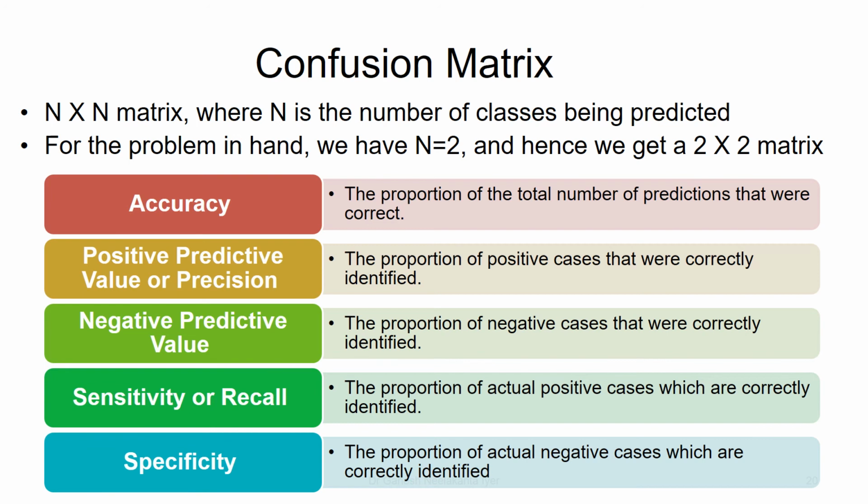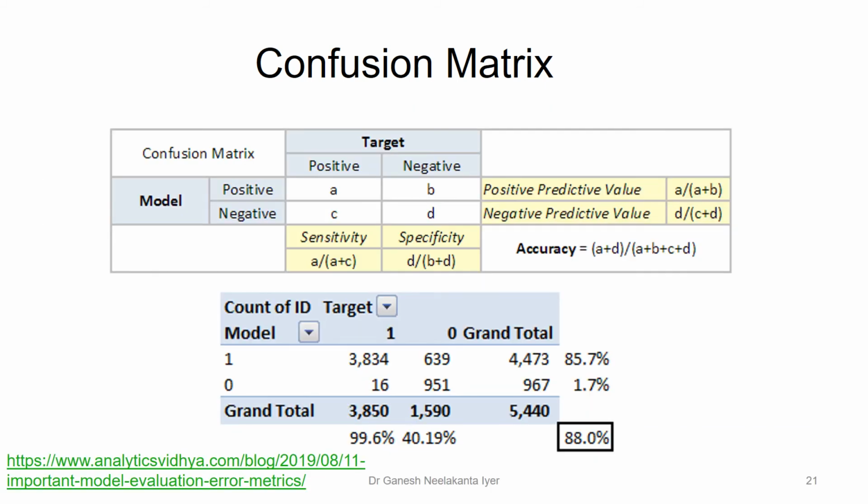And negative predictive value, the proportion of negative cases that were correctly identified. Sensitivity or recall, the proportion of actual positive cases which are correctly identified. And specificity, the proportion of actual negative cases which are correctly identified. So given a confusion matrix, you are able to calculate all these values in a single go.